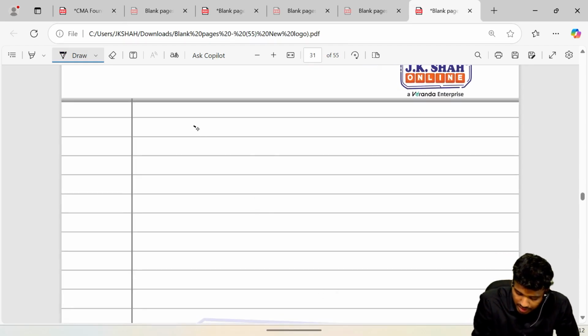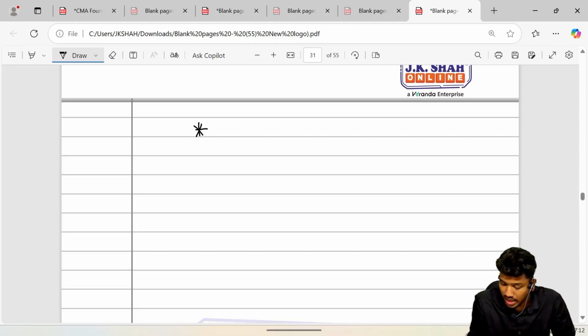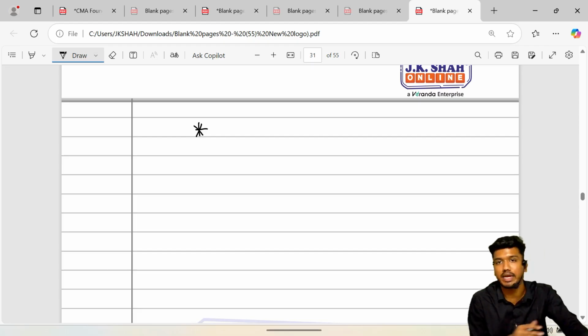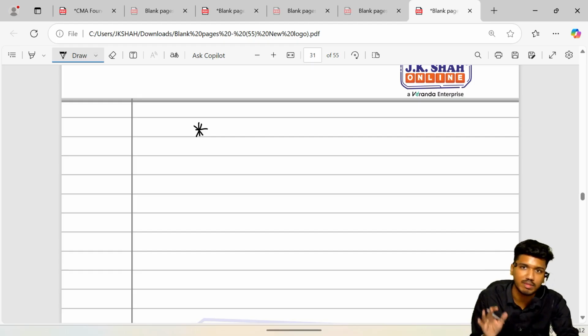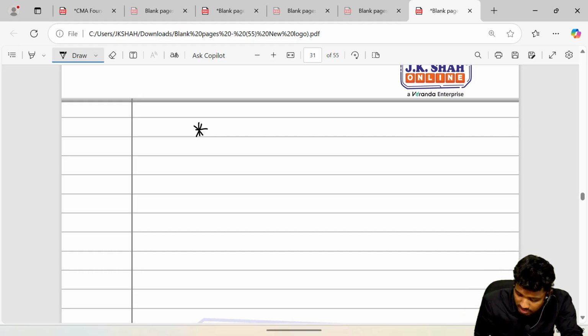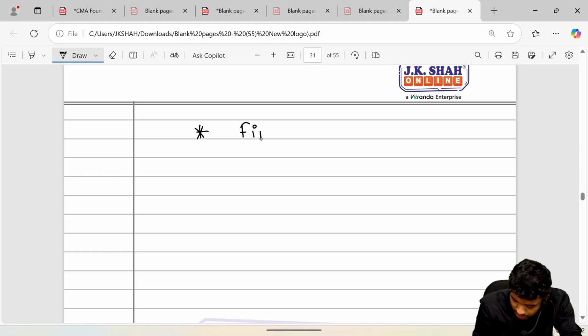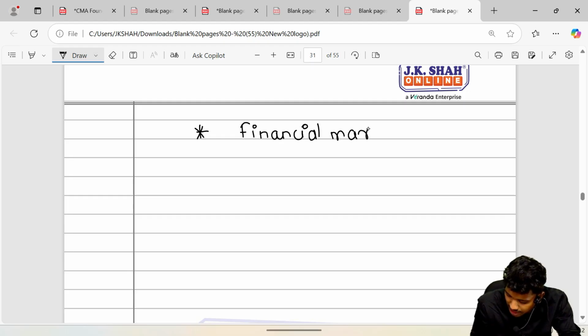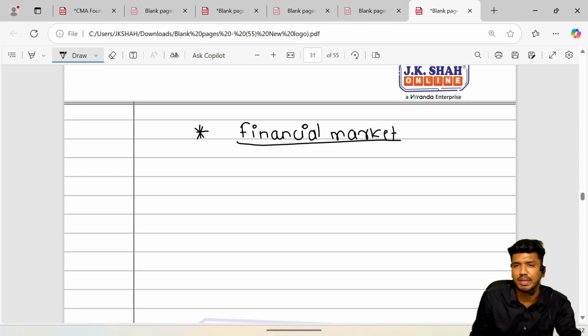In terms of money market, before talking about it there are certain concepts that need to be covered, that is the financial market. Whenever a company or investors are in need of money, they access the financial market.